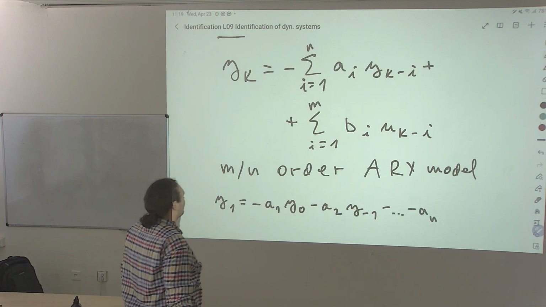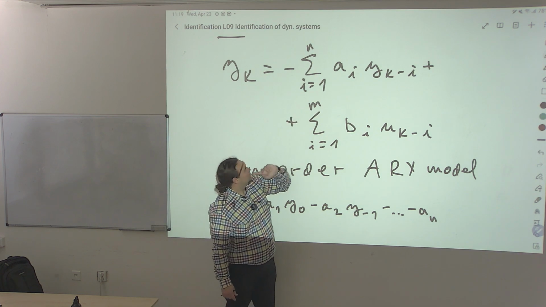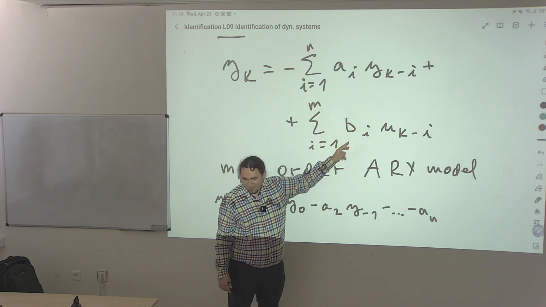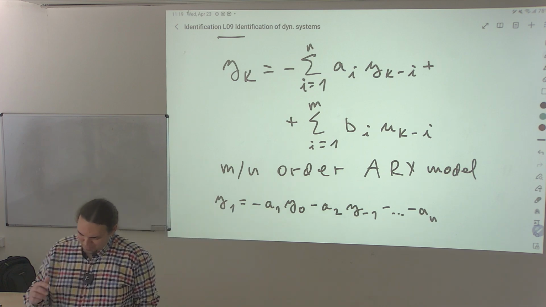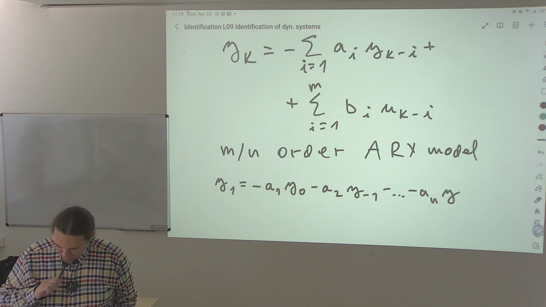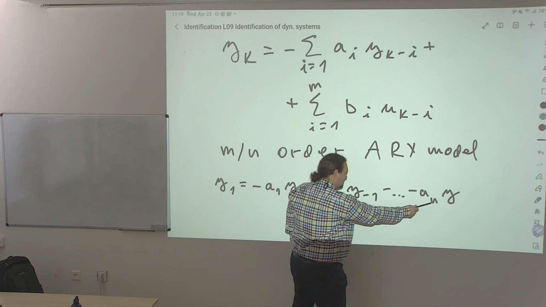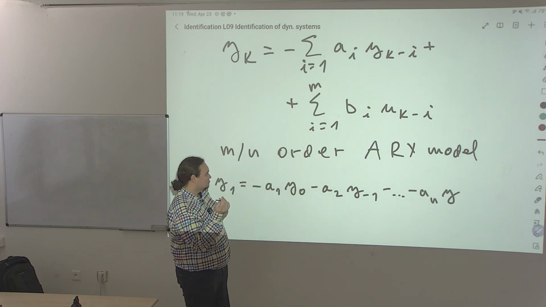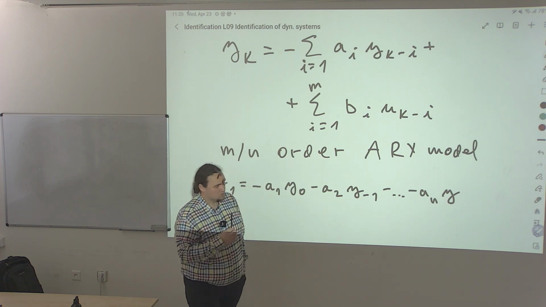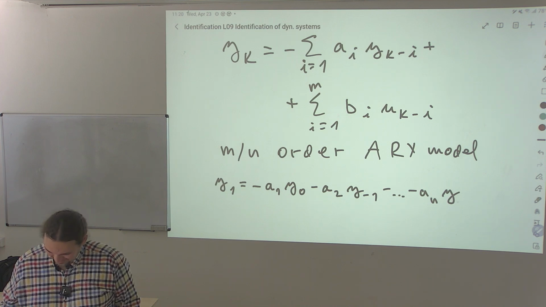Now what will complicate our task is that we have M and N order. So the B's will run out faster than the A's. What will the index of y look like? 1 minus n, right? Good, good.